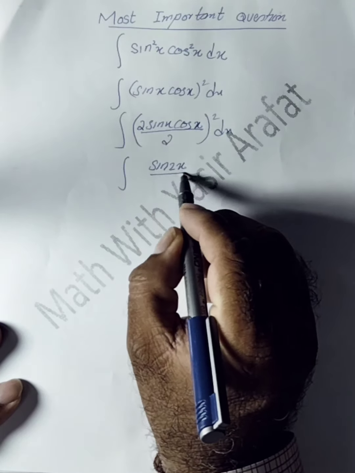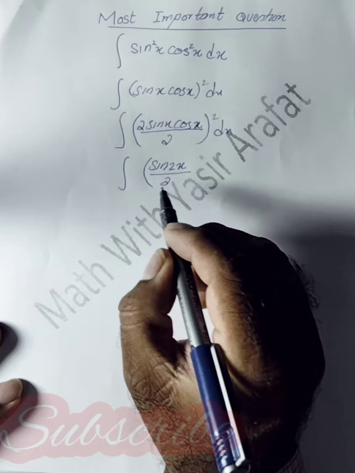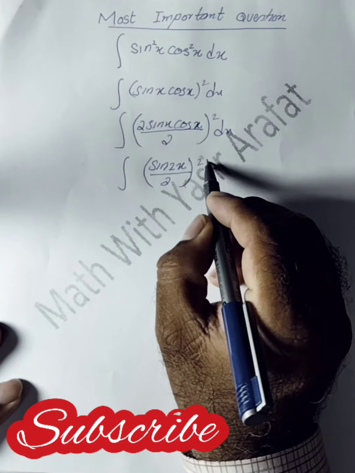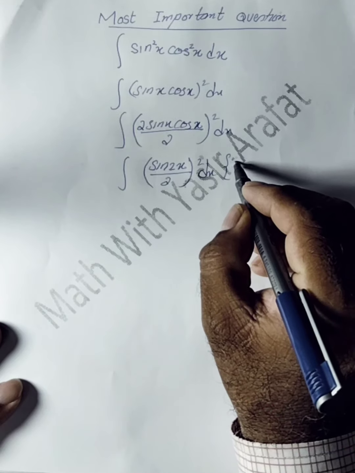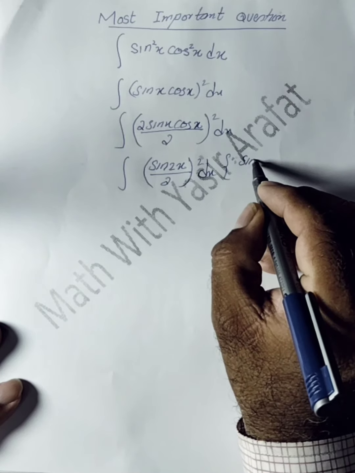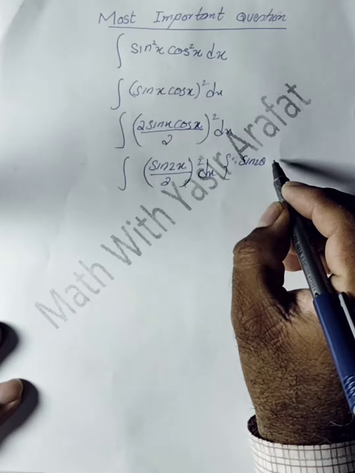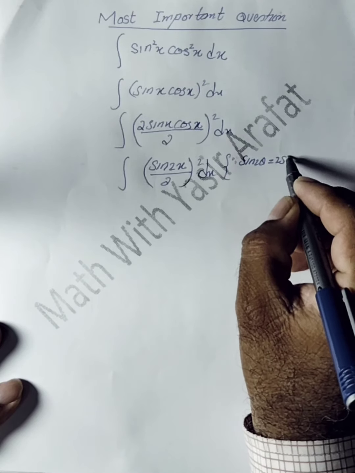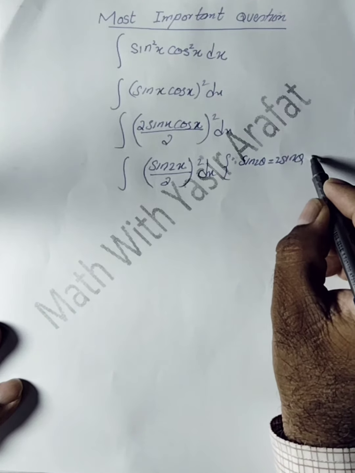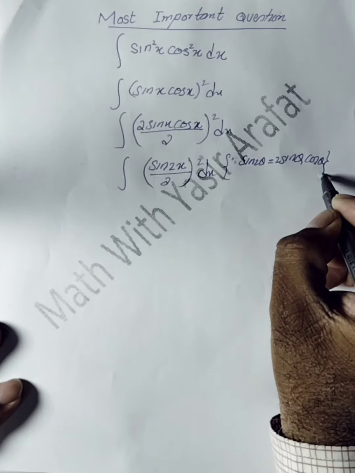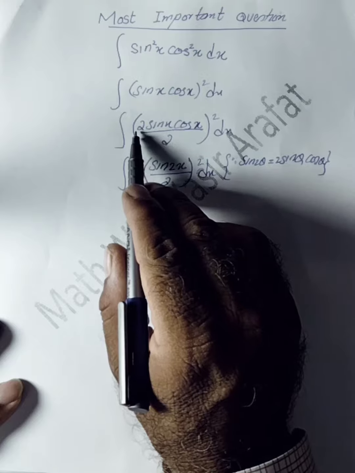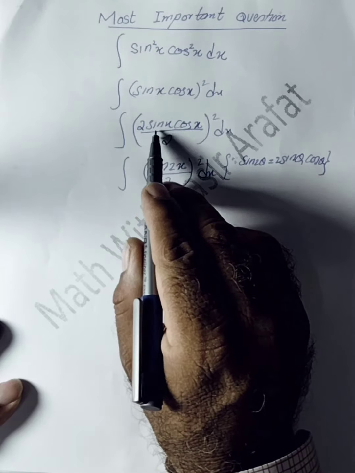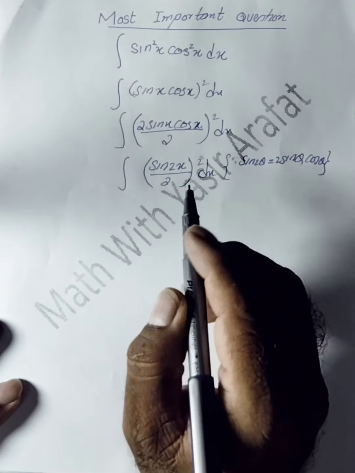We have the formula sin 2 theta equals 2 sin theta cos theta, so that is why we multiply and divide by 2. Now 2 sin x cos x equals sin 2x.